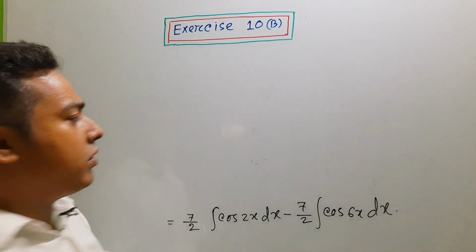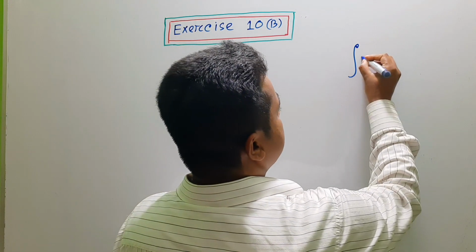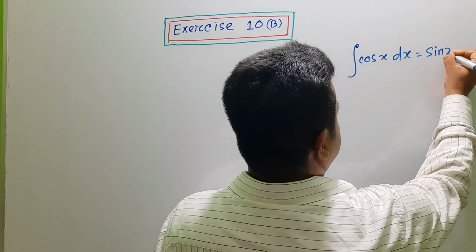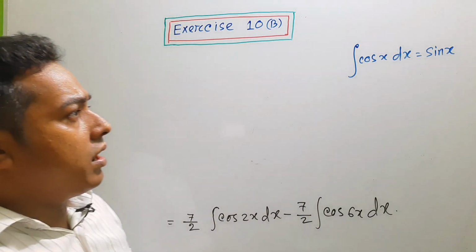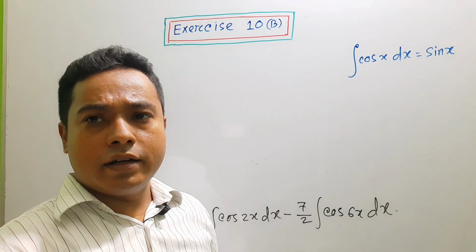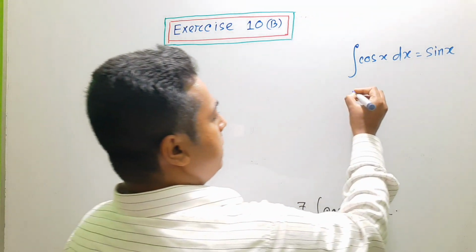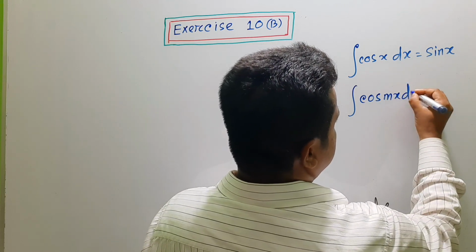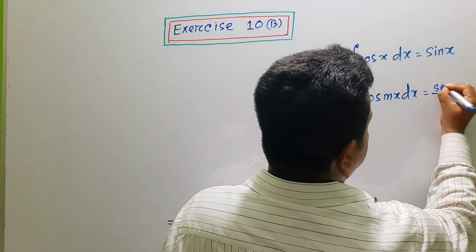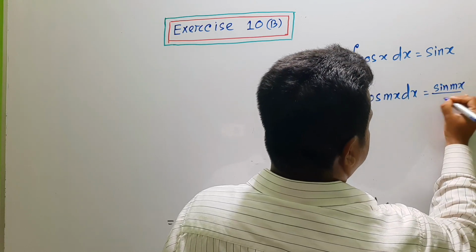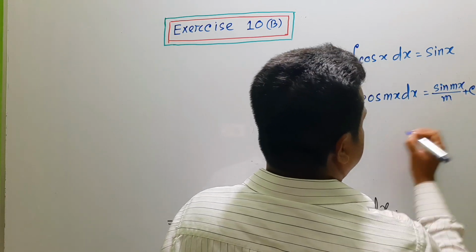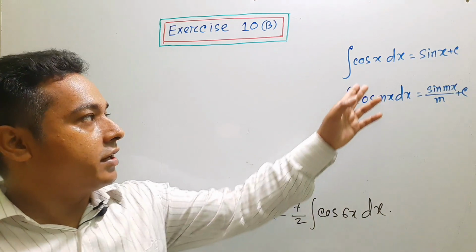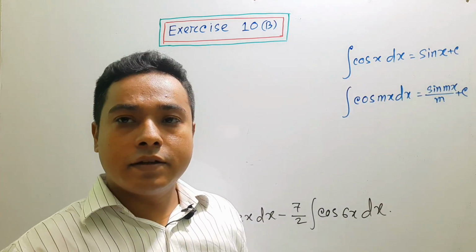We know that integration of cos x dx is equal to sin x plus c.